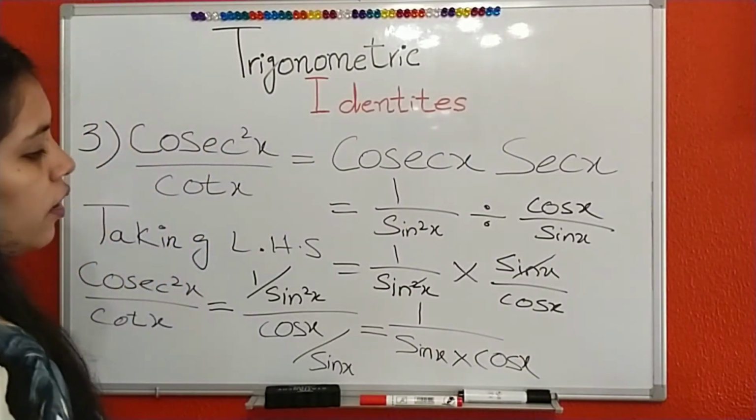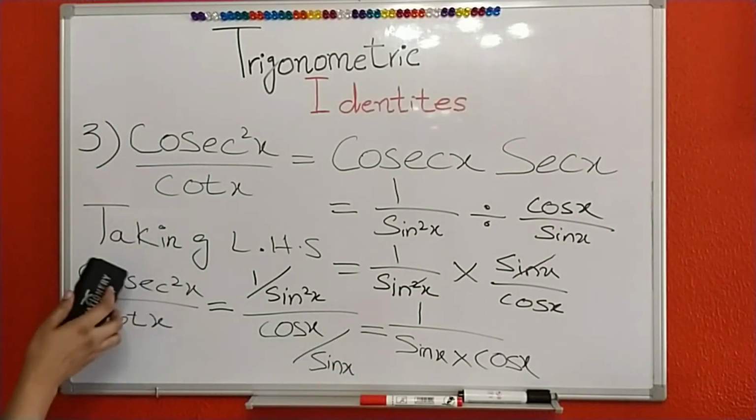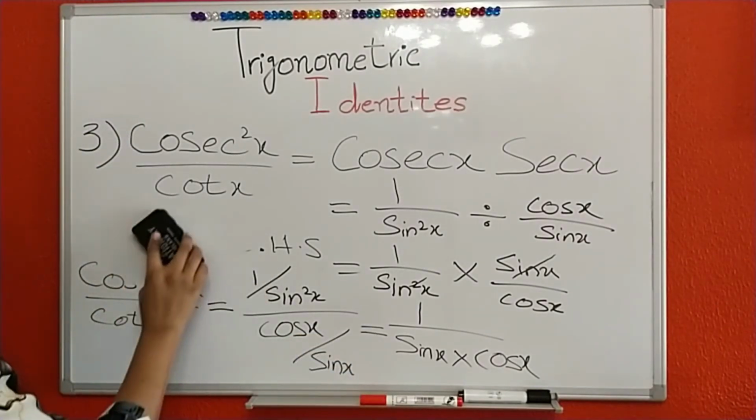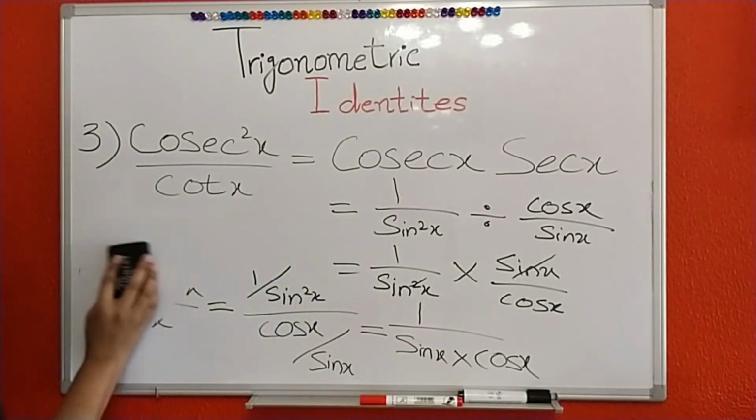Okay, now I need to use two more identities here, but here I am going to use the two reciprocal identities. For this purpose I am erasing this part. I hope you understand it well.